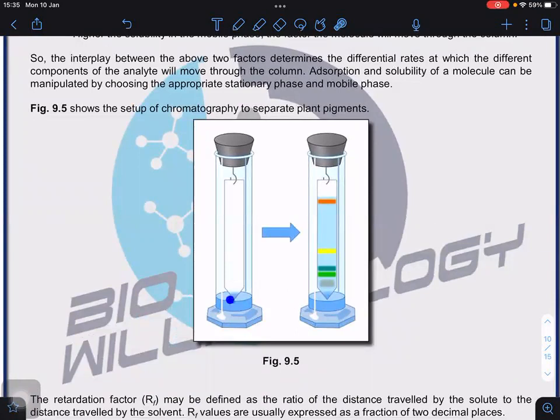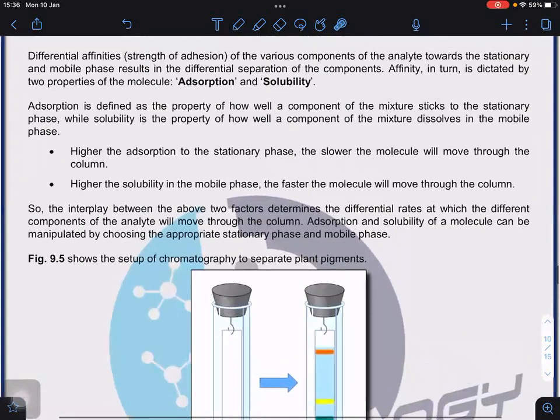When the solvent moves, it will carry the pigments together. As the pigments move, they have two properties: absorption and solubility. I, the solvent, tend to carry the pigments to move.